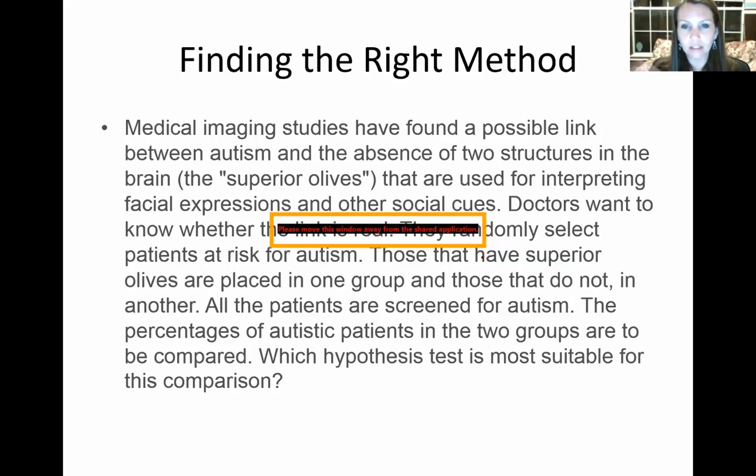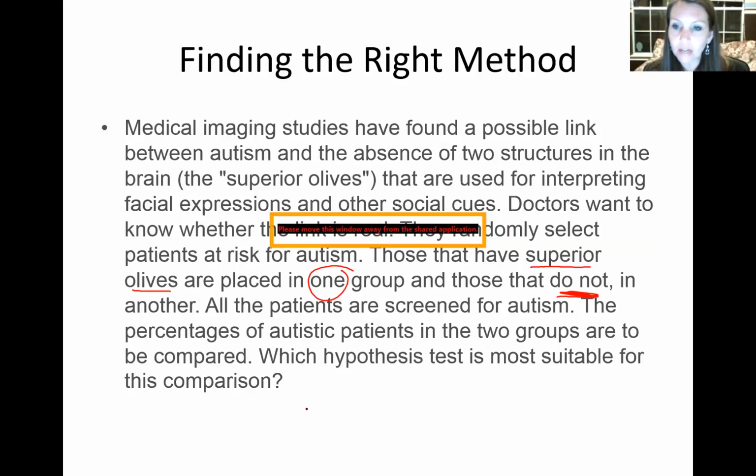So we look at what our purpose was here, and our purpose was to compare the two groups. One group is the superior olive group, and the other group is the do not have superior olives group. That one was kind of like our grouping variable. And then after that, they screened them to find out whether or not they had autism.